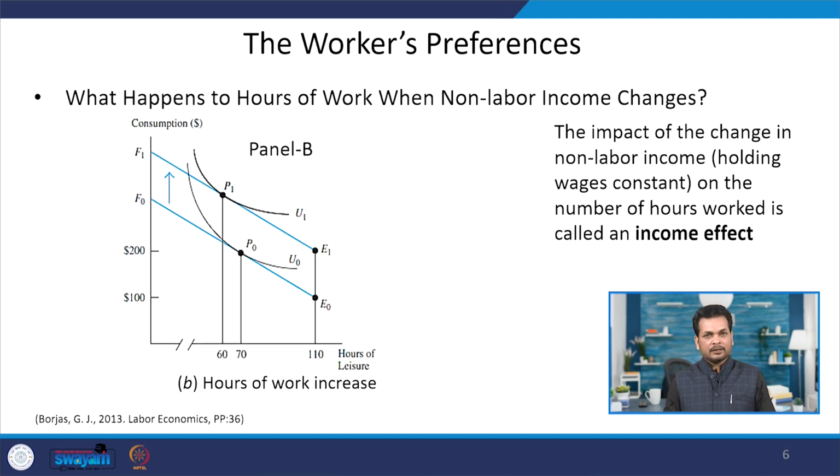If you look at this other graph, the non-labor income has also increased from $100 to $200. The endowment point has moved from E0 to E1, the opportunity set has increased from F0 E0 to F1 E1, and the tangency point has moved from P0 to P1.